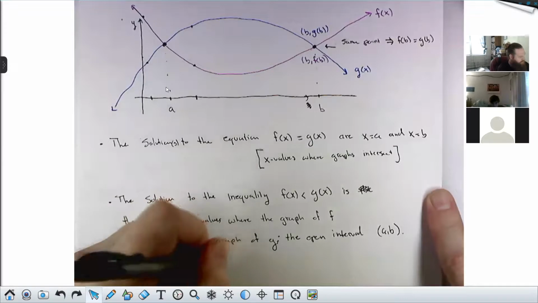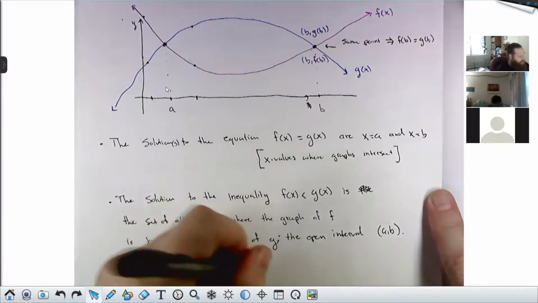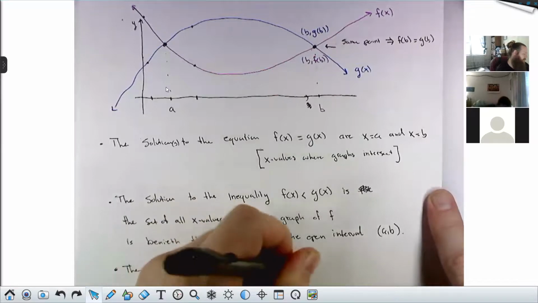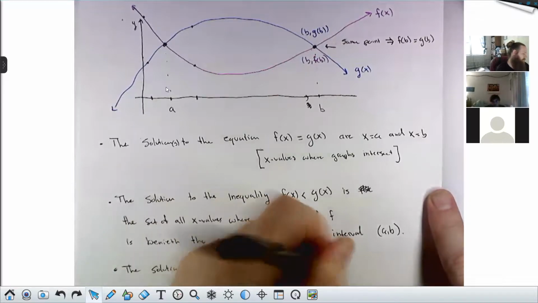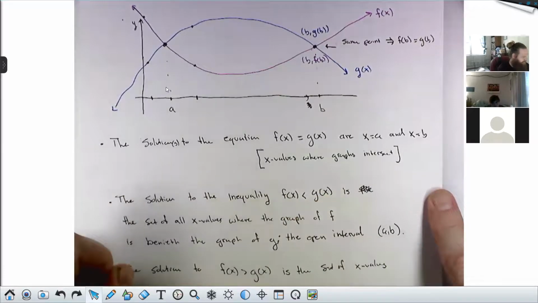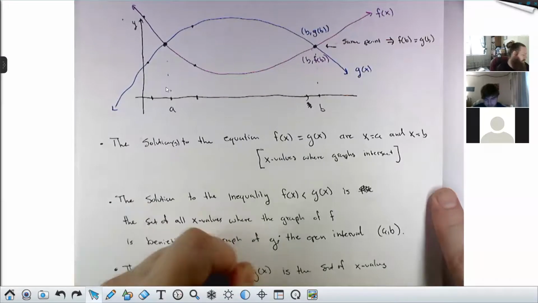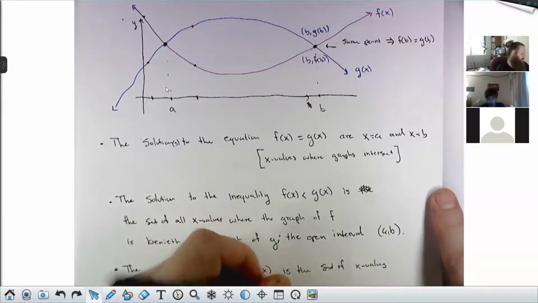The solution to f of x is greater than g of x is the set of all x values where the graph of f is above the graph of g.